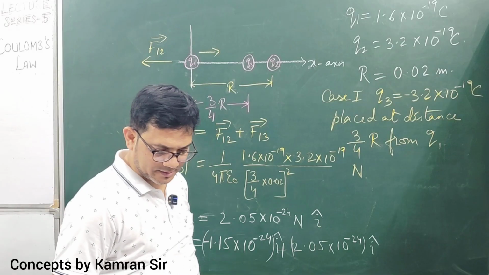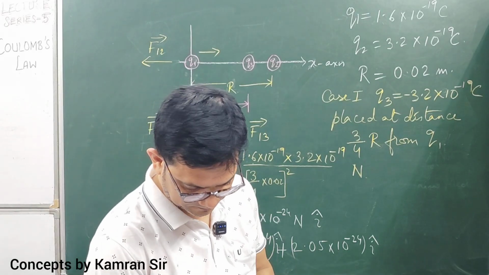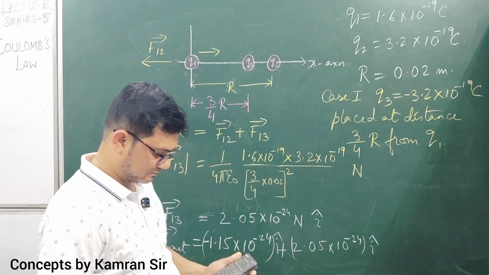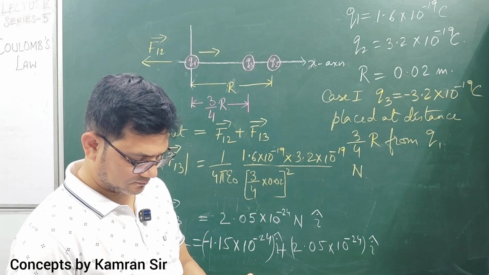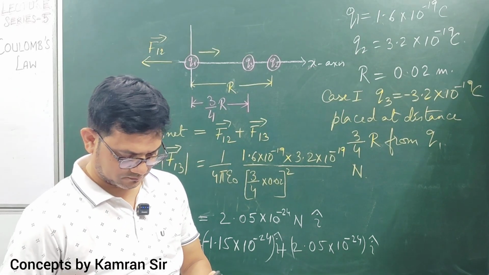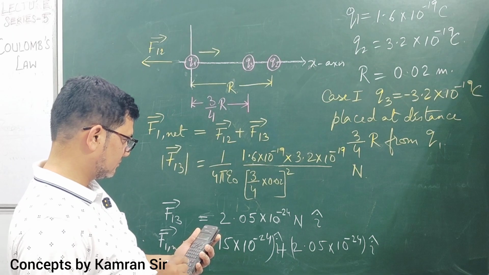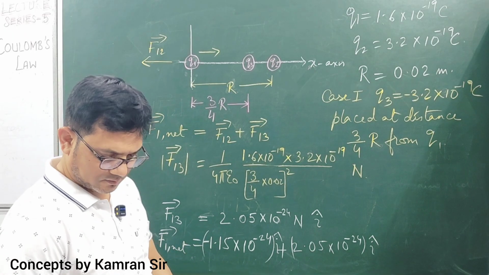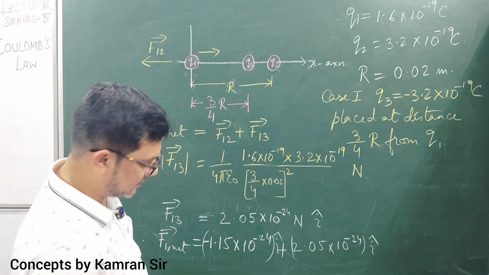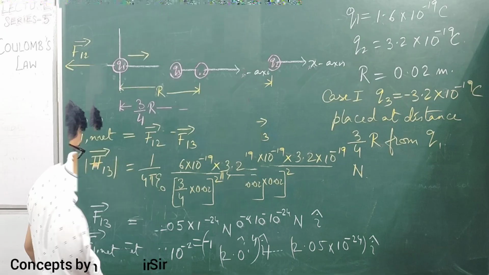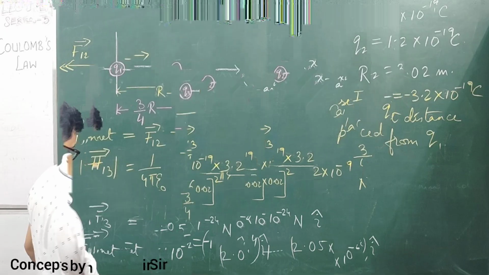If you subtract this, it comes out to be 9 times 10 raised to the power minus 25 newton.